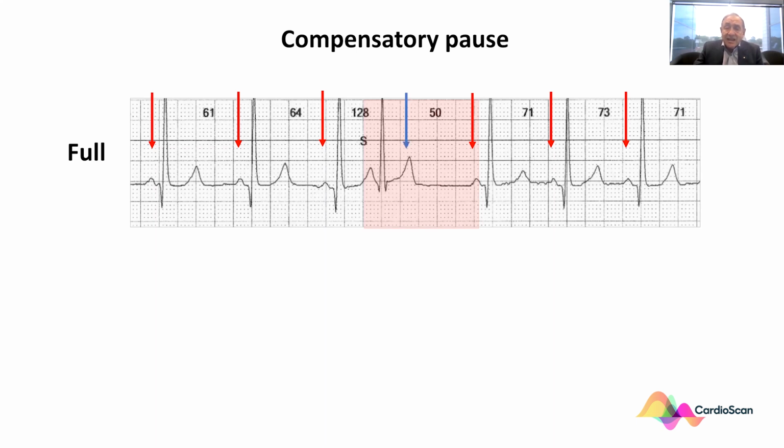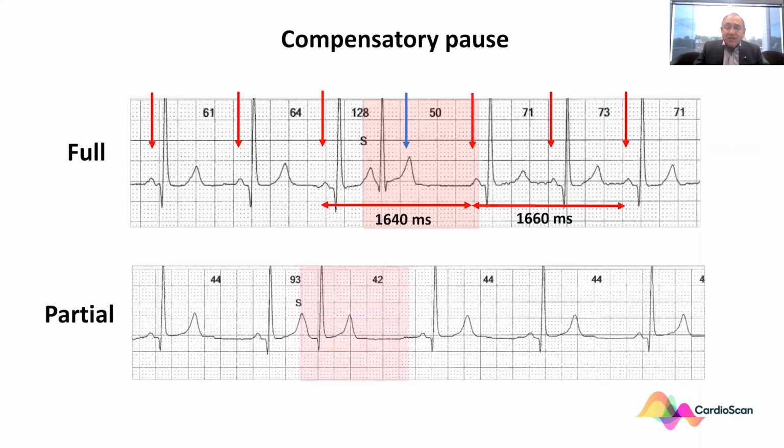It's hidden. So it is a non-conducted sinus beat, and it is concealed. A full compensatory pause means that the 2 sinus cycles with the embedded atrial ectopic is exactly the same as 2 sinus cycles without the atrial ectopic.